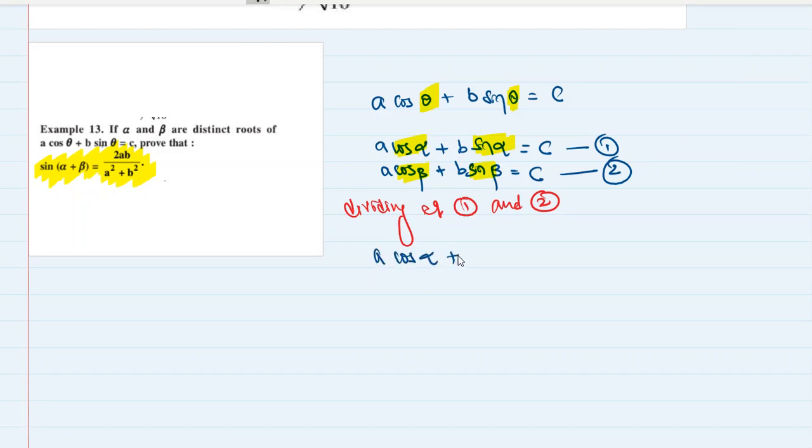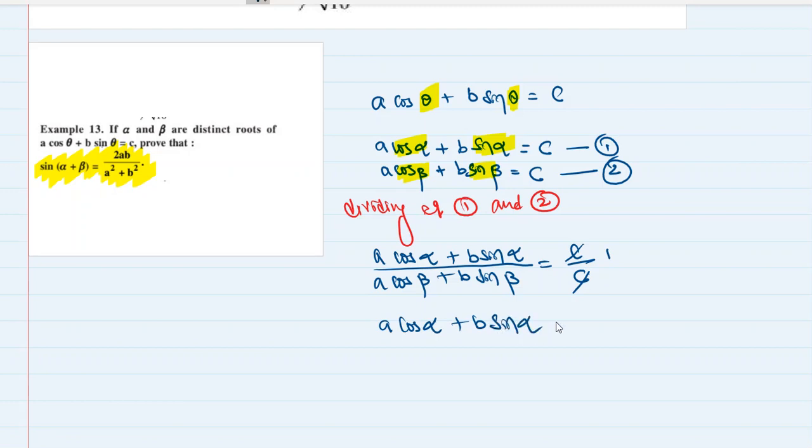A cos alpha plus B sin alpha, the whole upon A cos beta plus B sin beta, is equal to C by C. So this will get cancelled and you will get 1 over here. So A cos alpha plus B sin alpha is equal to A cos beta minus B sin beta, sorry.